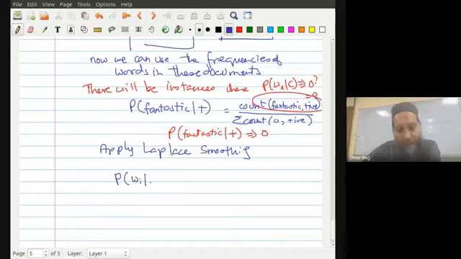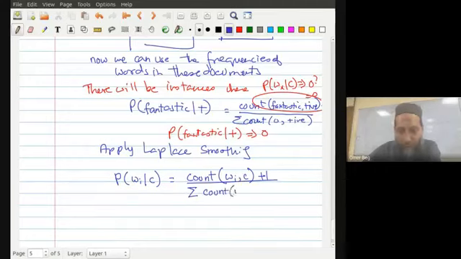So, for example, for word i given a class C, we are going to say it's the count of word i in class C plus 1, divided by the sum of all the counts of words in this class C plus the entire vocabulary.